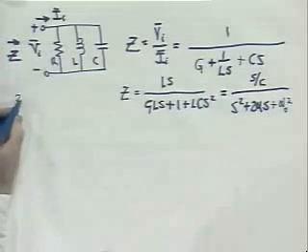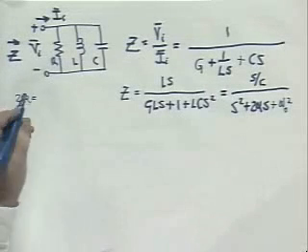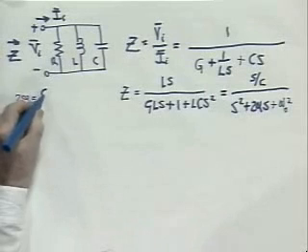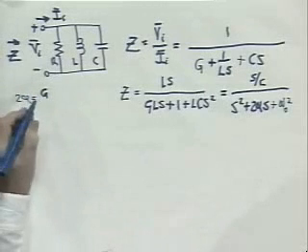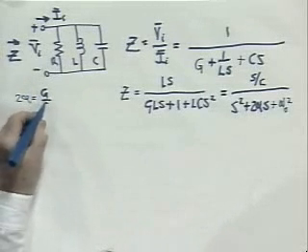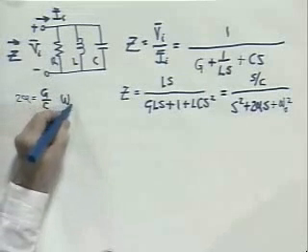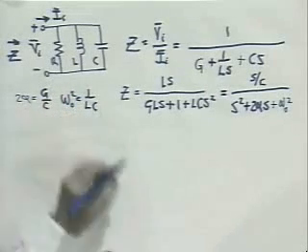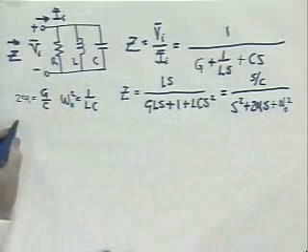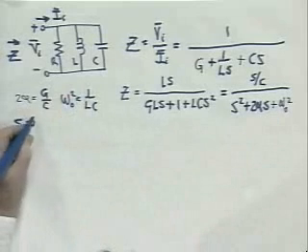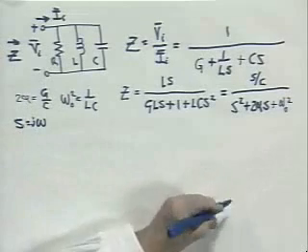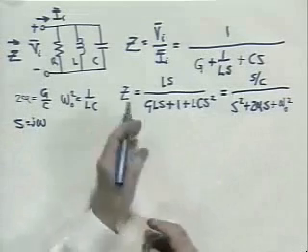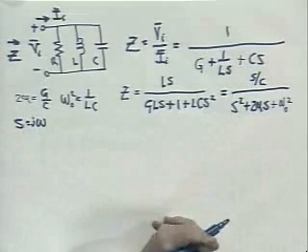Same definitions as before, 2 alpha equals G over C, and omega naught squared equals 1 over LC. Now let's let s equal j omega and ask what the frequency behavior of this impedance is.